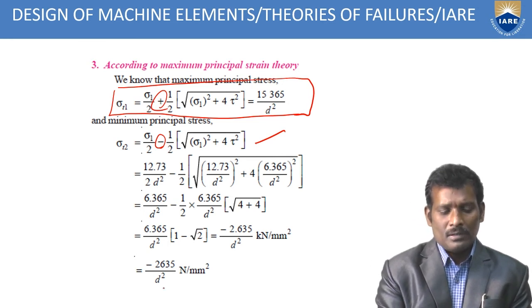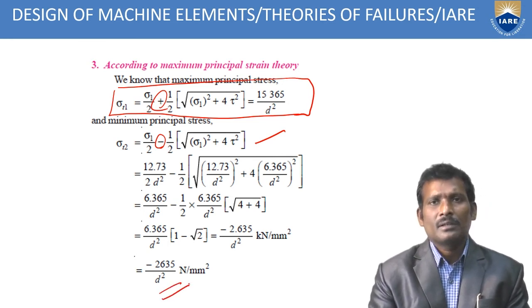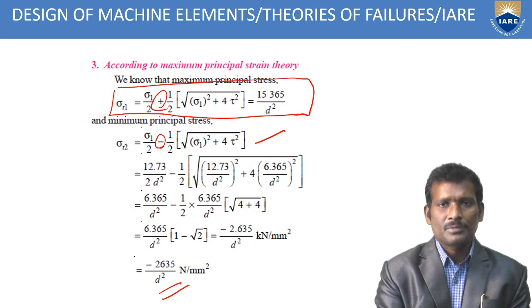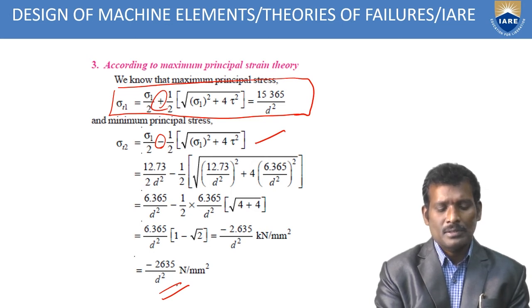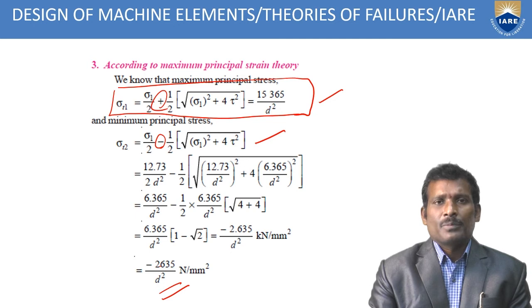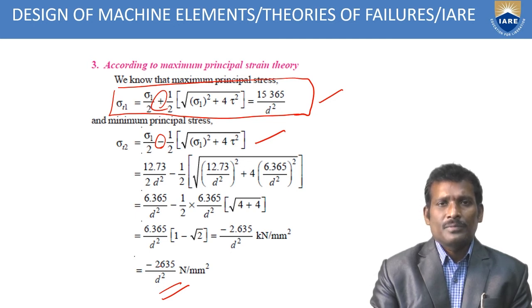Use negative sign for minimum principal stress and positive sign for maximum principal stress. So here you will get the minimum principal stress in terms of D, that is minus 2.2635 divided by D square, and the maximum principal stress value in terms of D is equal to 15.36 by D square.